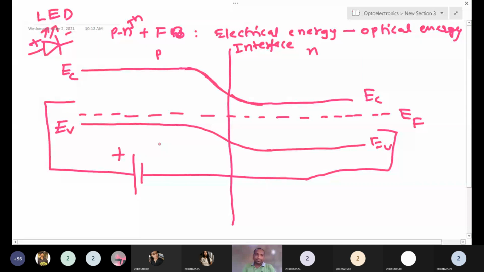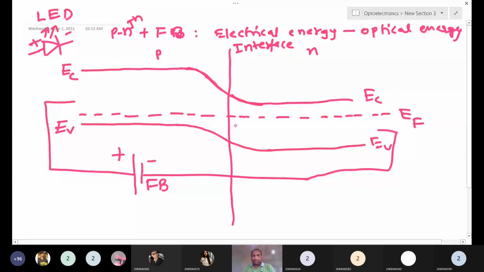So we'll draw that Fermi level again. I am deleting that one, and we'll draw the band diagram in forward bias condition. The Fermi level is here towards the n side, and here towards the p side.